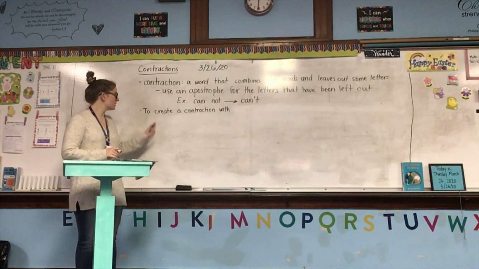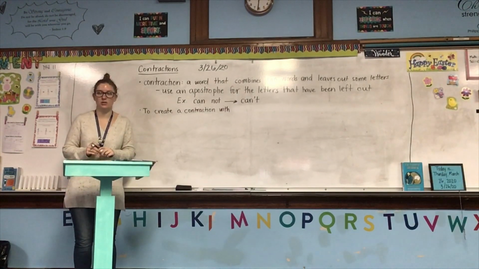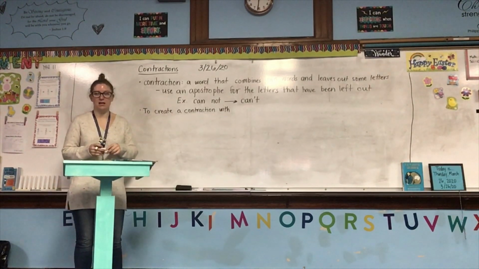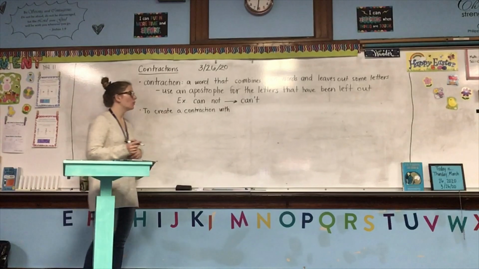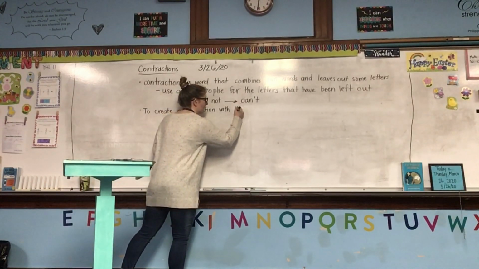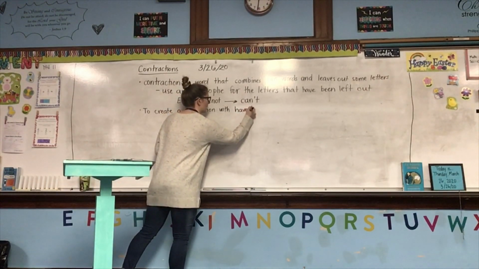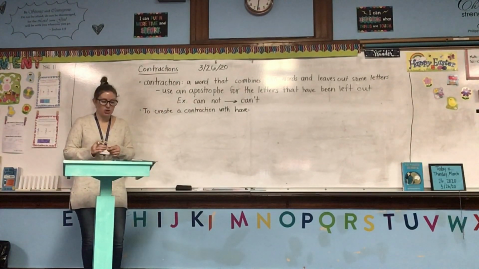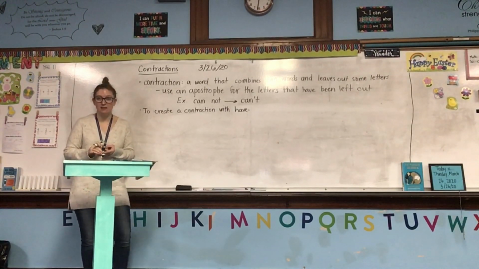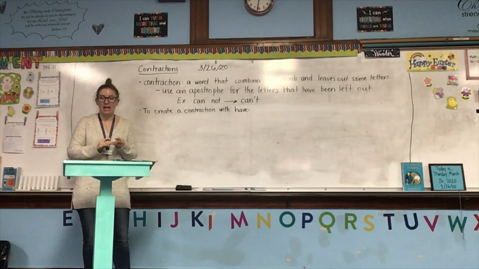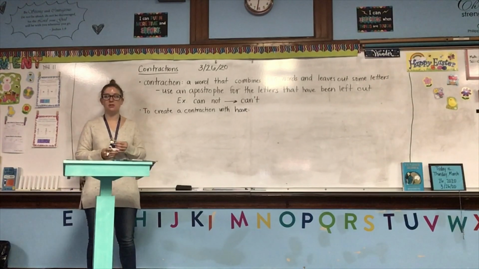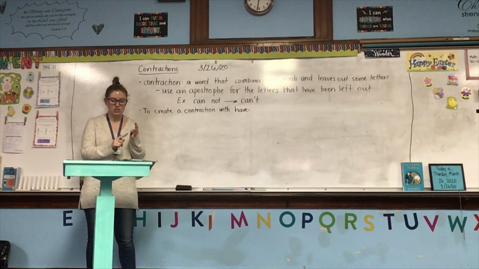Underneath where you wrote how to create a contraction with will, go ahead and rewrite "to create a contraction with," because now we're going to talk about how to create contractions with the word have. So just a minute ago, we were able to create contractions with all of the present and future forms of be, because we were able to use is, am, and are, which are the present forms of be, and we were able to make contractions using the future form of be, which is will.